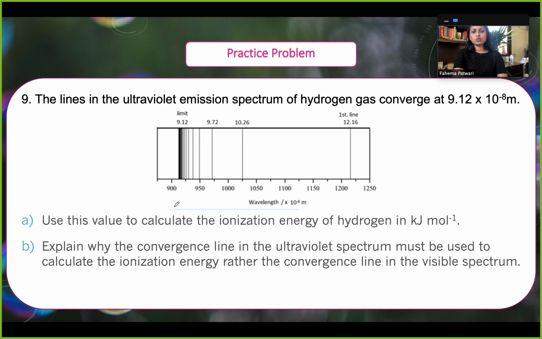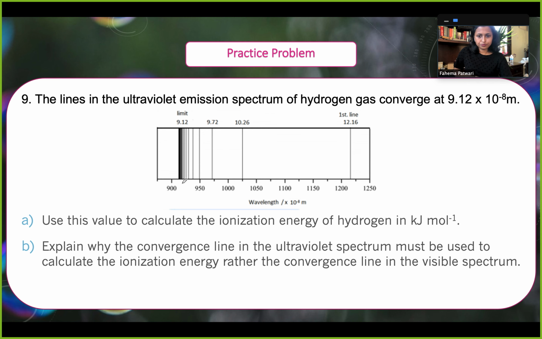And as you get to the UV side, towards 9.12 times 10 to the negative 8, they're converging. The lines get closer and closer together until they're basically on top of each other. So by knowing at what wavelength the convergence happens, you can know what amount of energy that's related to. And that will tell you the ionization energy.